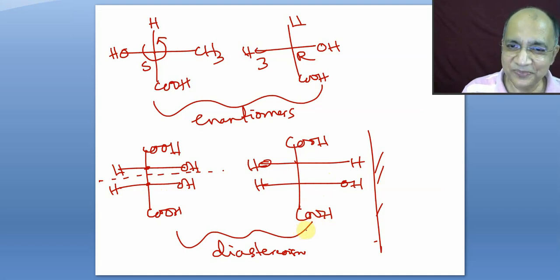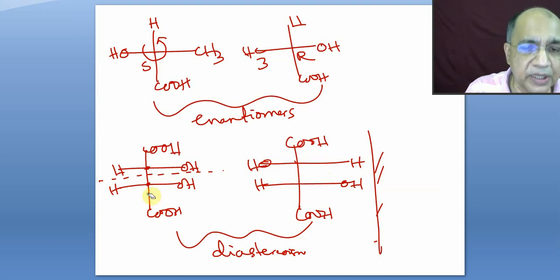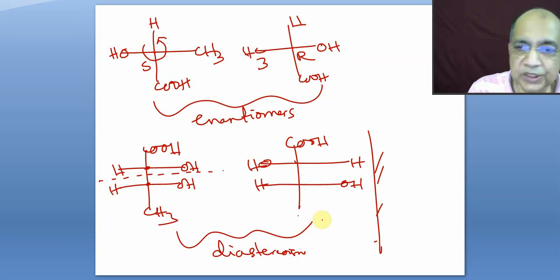If these two are formed in a reaction and one of them is in larger excess, then that is called diastereoselective. Now, as you know, if there is no plane of symmetry, supposing there is a group different from the carboxyl group, supposing this is say methyl, then this is not a mesoform, and this is also an active form, and it has its mirror image. Supposing this is RS, this will be SR, and this has also its mirror image.